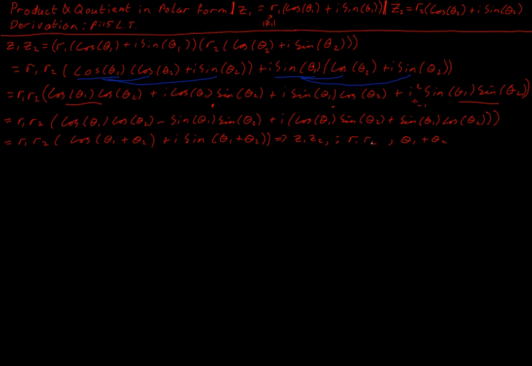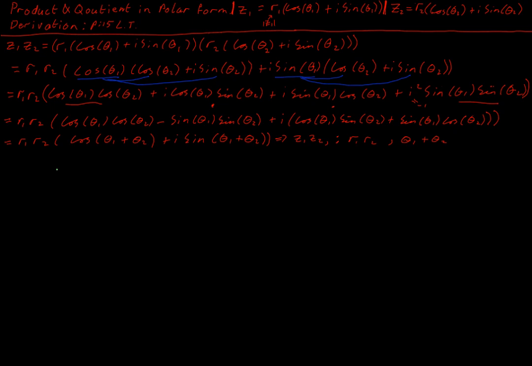So when I'm multiplying, I end up multiplying the moduli, and I end up adding the arguments. And this is extraordinarily useful. Instead of having to multiply out big brackets, and it doesn't matter how many of these numbers I multiply together, I'm still going to be able to apply this rule where I'll just add up all of the angles and multiply all of the radii, which is very easy, and that's going to tell me what the product of my complex numbers is.